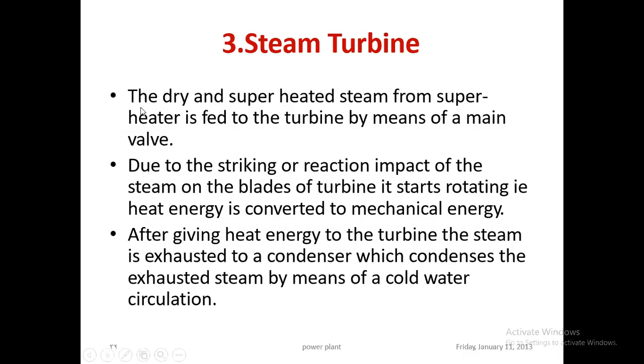In a steam turbine, dry and superheated steam from the superheater is fed to the turbine by means of the main valve. Due to the striking or reaction impact of the steam on the blades of the turbine, it starts rotating. As an example, heat energy is converted to mechanical energy.